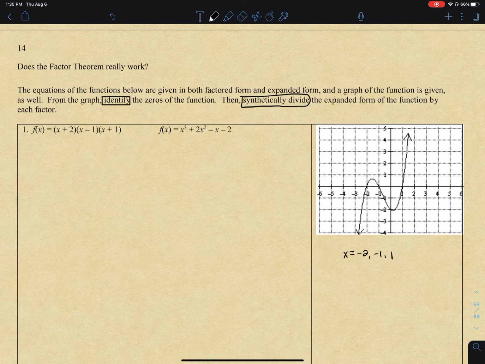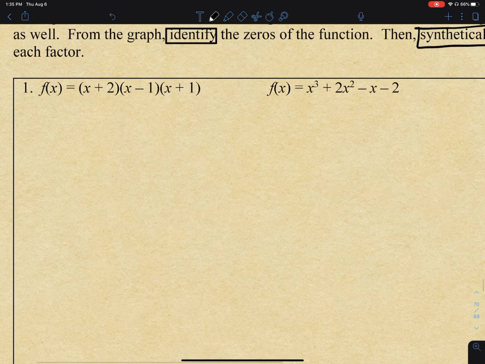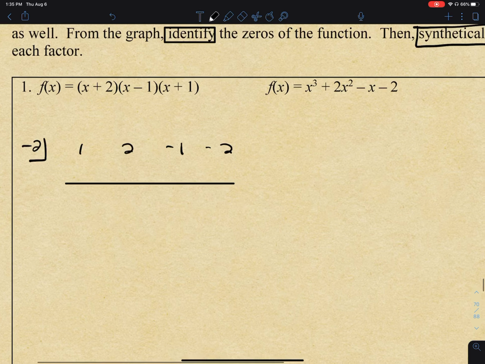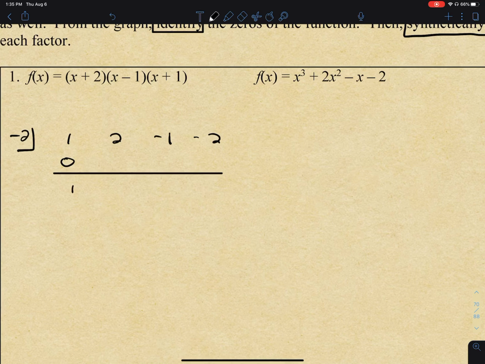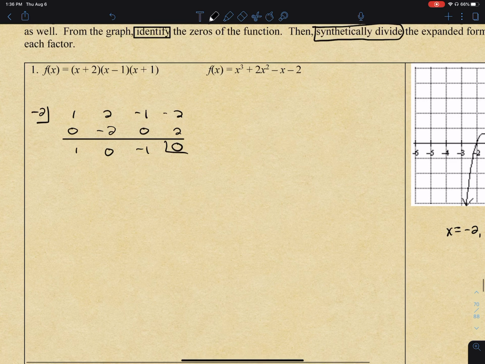Let's follow the instructions. Let's take the coefficients of function f, which are 1, 2, -1, and -2, and let's divide it synthetically by each of these zeros. Works out for -2.